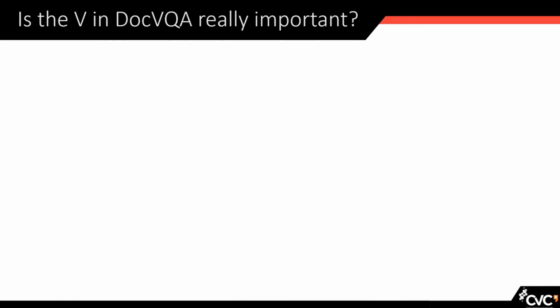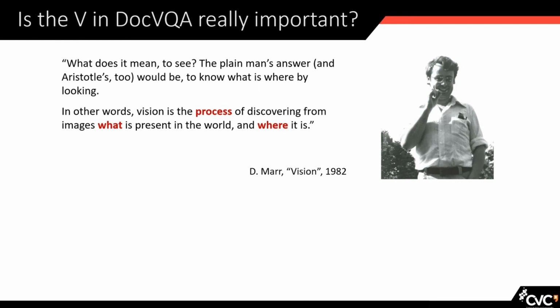And after these methods, we asked: is vision important in DocVQA? As David Marr was saying, what does it mean to see? The plain man's answer, and Aristotle's too, would be to know what is where by looking. In other words, vision is the process of discovering from images what is present in the world and where it is.